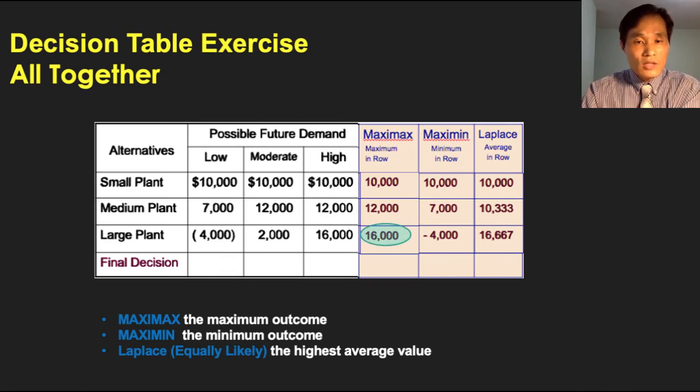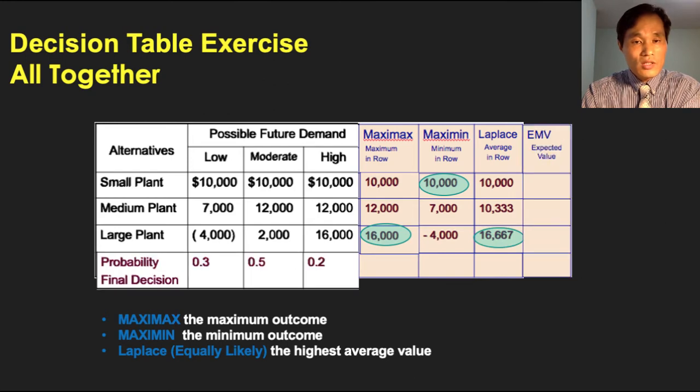And now we need to find EVPI, or to find EVPI, what you need to do is you also need to calculate EMV. And we find, if you do research, that the probability corresponding to low market is 0.3, for moderate market is 0.5, and for high market is 0.2. And you apply that to the situation and calculate EMV, meaning 0.3 times 10,000 plus 0.5 times 10,000 plus 0.2 times 10,000, it should be $10,000.